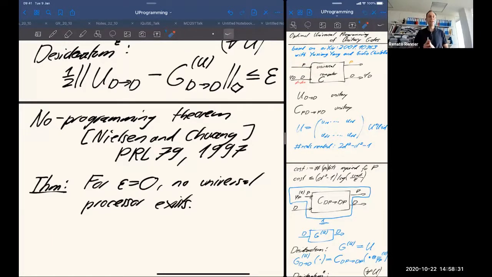So maybe I should add that what they assume when they say it doesn't exist is that only things with finite size inputs can exist, because we are talking here about devices. And of course, we don't have a computer with infinitely many inputs. So the claim is more precisely that epsilon equals 0 cannot be achieved with any finite program size. And so you would say, okay, of course, you cannot express a unitary, which is a continuous object, with a finite program. So clearly, this theorem must be true.